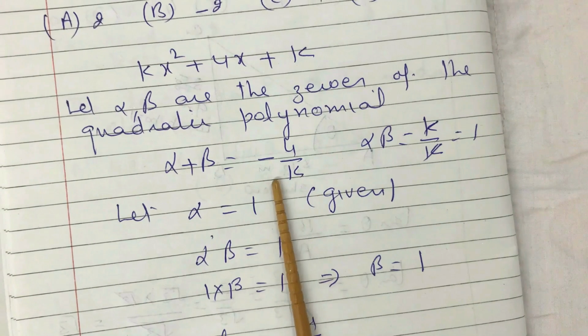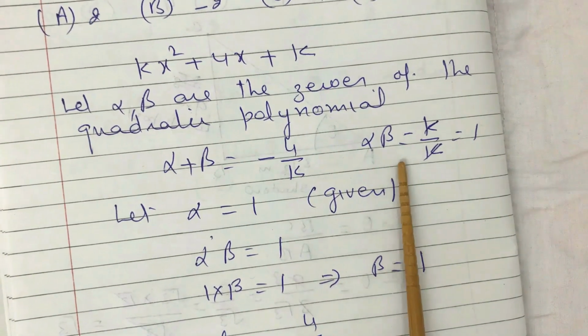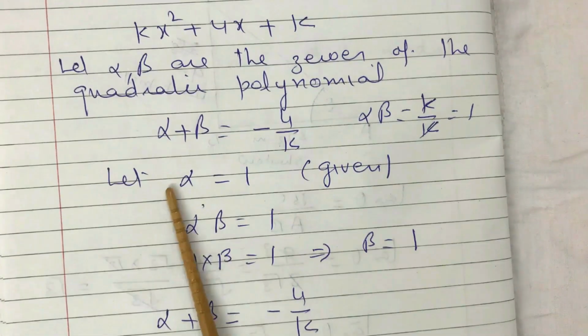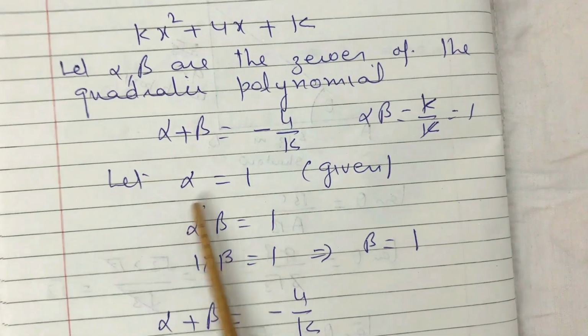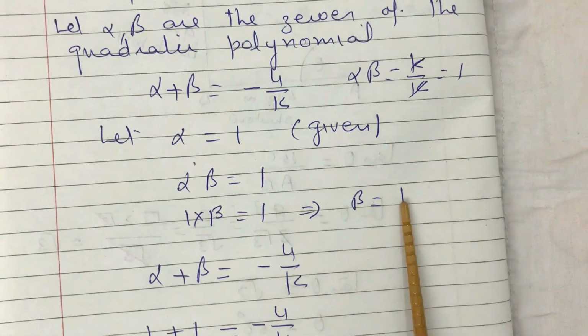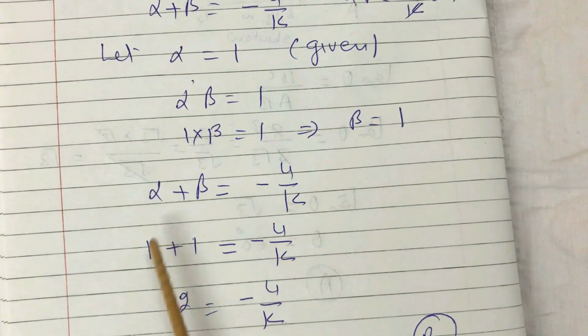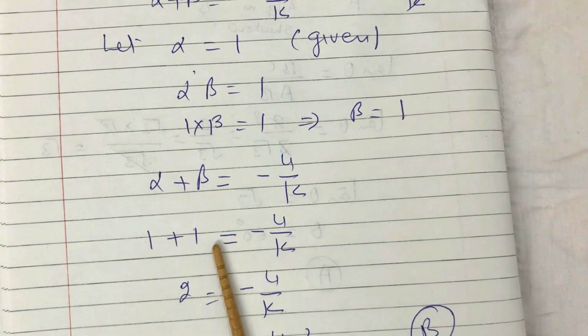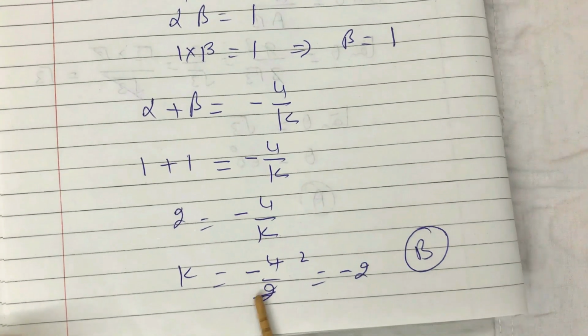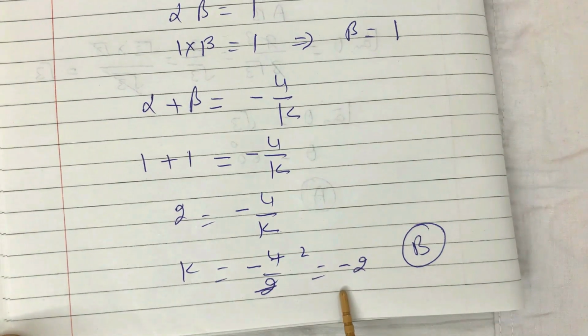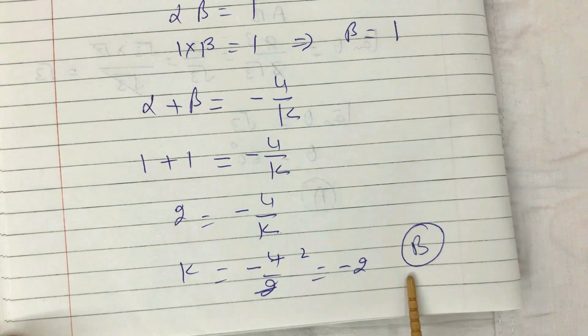Sum of the zeros is -4 by k, product of the zeros is equal to 1. Now one of the roots is 1, so let alpha be 1, then beta again comes out to be 1. Now alpha plus beta is -4 by k. You have the value of alpha 1, the value of beta 1, and here you will be able to find the value of k, which will come out to be -2. So B is the option.